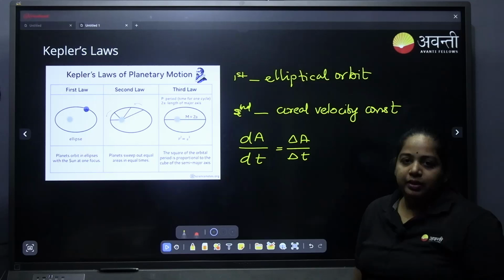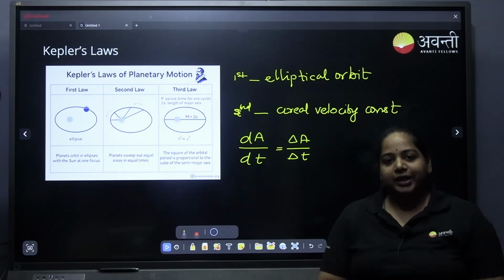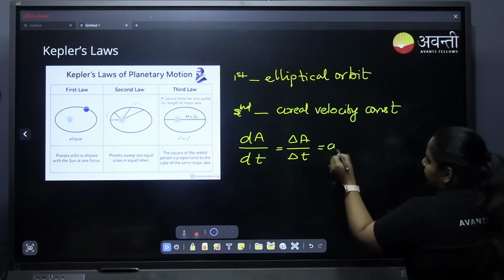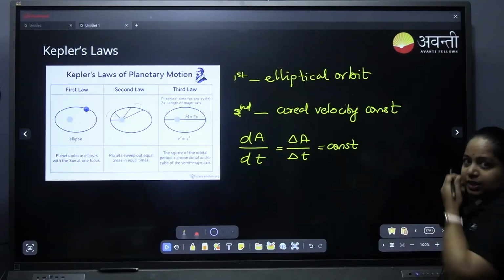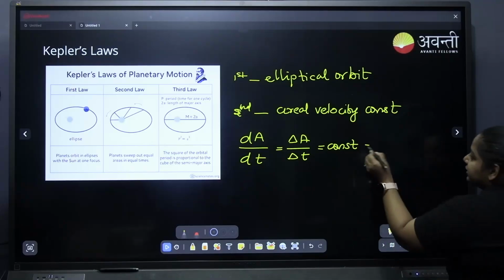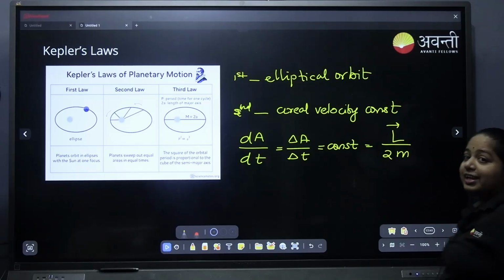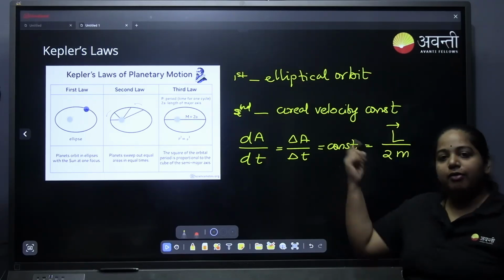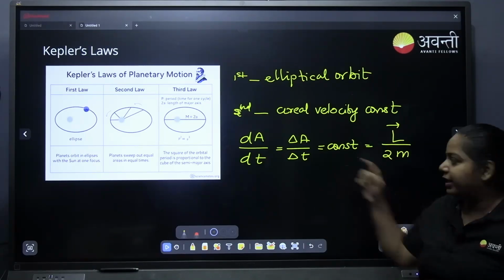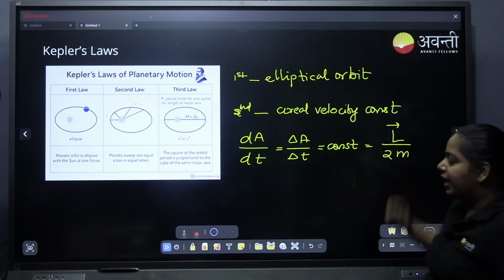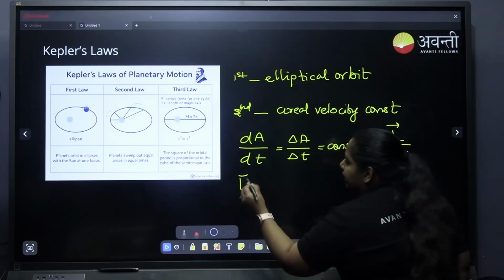Linear velocity is distance by time, areal velocity is area by time. This is a constant value. This value we are getting as L by 2m, where L is angular momentum. Angular momentum by 2m gives the value of areal velocity. If that is constant, then can we say that L will be constant?